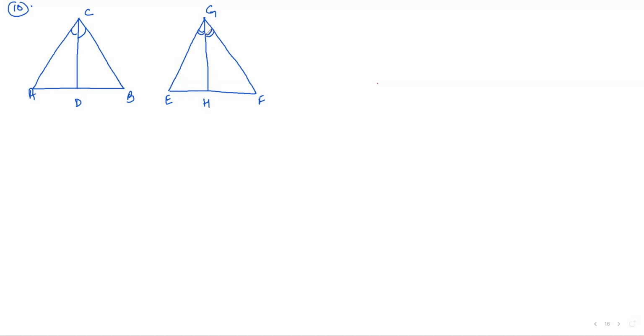Okay, respectively. Now something is given here. Triangle ABC is similar to triangle FEG. Yes, triangle FEG. And then you have to show this thing. To show CD by GH is equal to AC by FG.